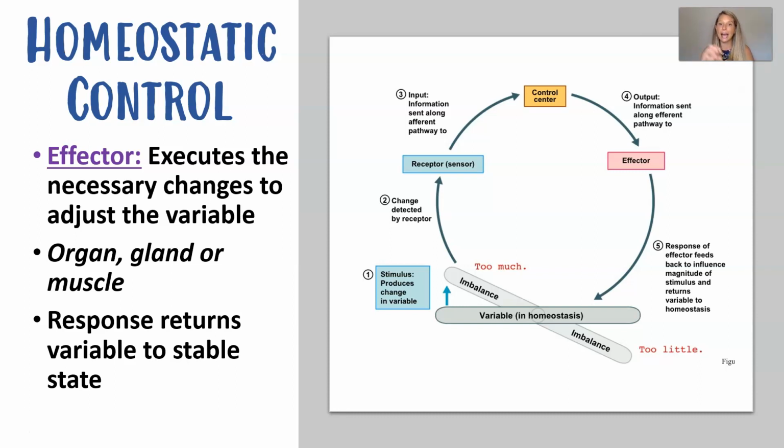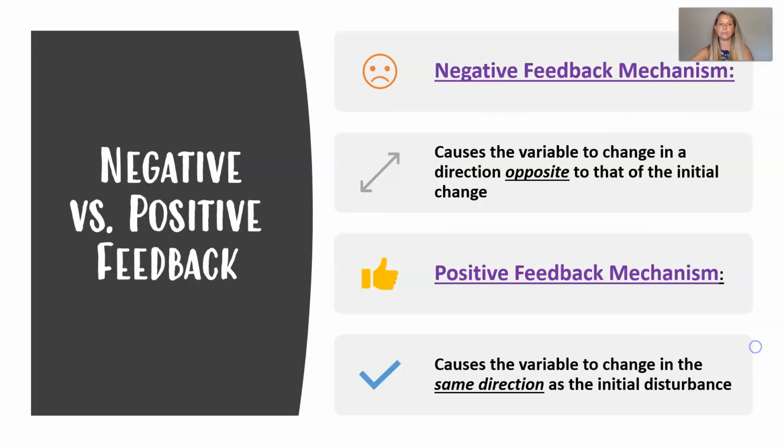Okay, things that are actually doing something in response to that initial stimulus. The receptor is really just sending information. The control center is deciding what to do with that information, and then the effector or effectors are what's actually doing something to cause a response to the initial stimulus. Okay, so the response returns the variable to, hopefully, a stable state.